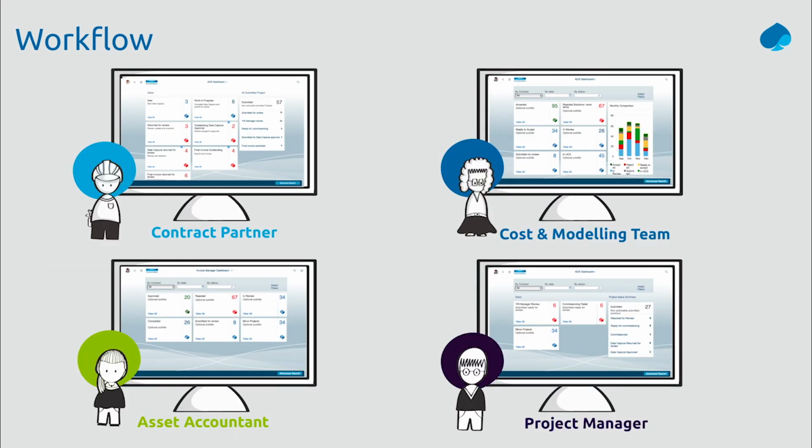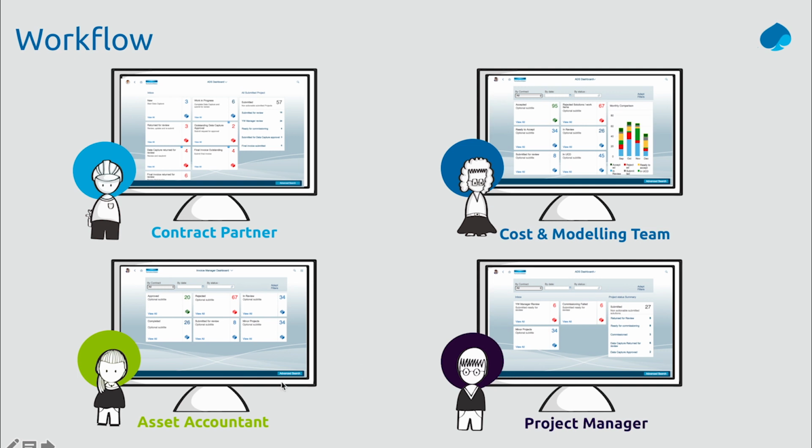What we try to do there is allow each user to have their own version of a dashboard. So the contract partner would have all of their statuses in their different colours. If anything needed attention, it would be in red. In this instance, they'll all be in red. You've got the costing and modelling team, who have the same type of statuses, submitted for review, accepted, but they have an extra functionality that allows them to select which contract partner they want to see the data on.